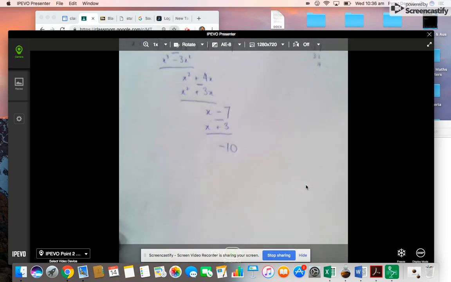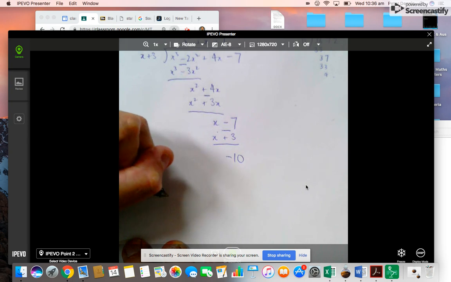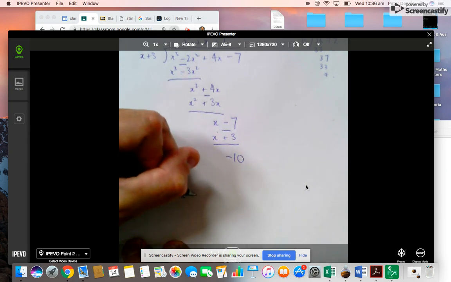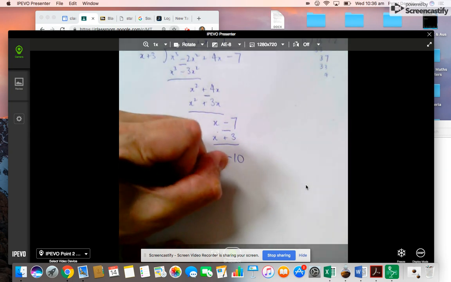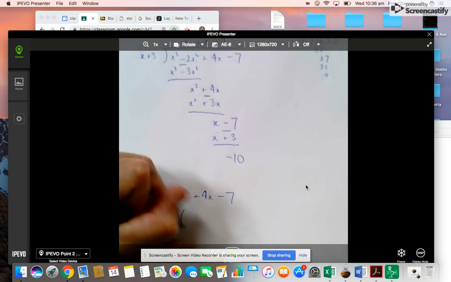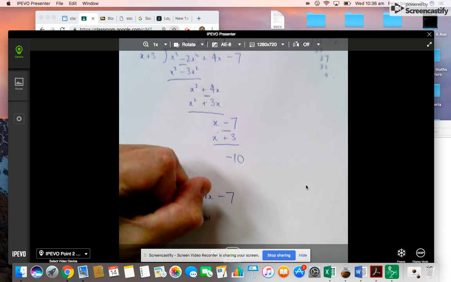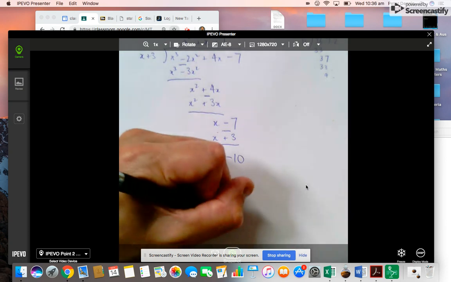This is the remainder theorem, basically. So p(x) equals this whole thing, x cubed minus 2x squared plus 4x minus 7, but we've factorised it, or split it up. We didn't really factorise it because it wasn't perfect, into this.